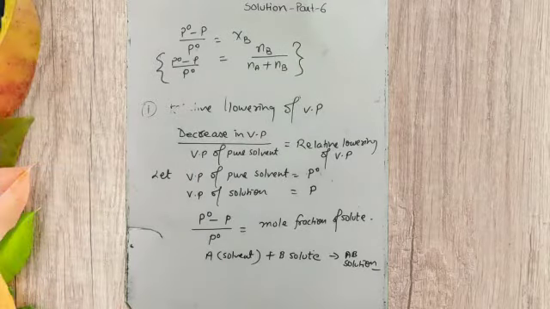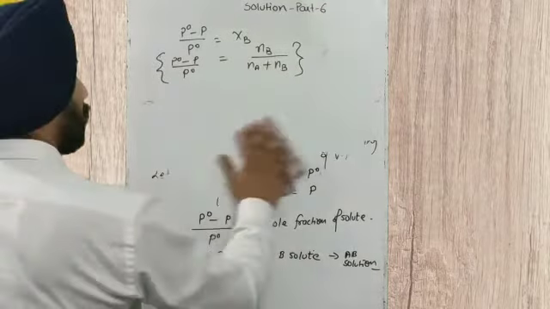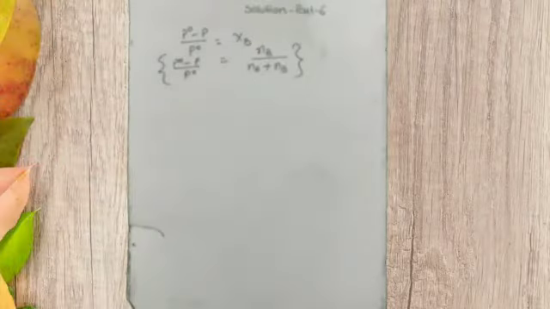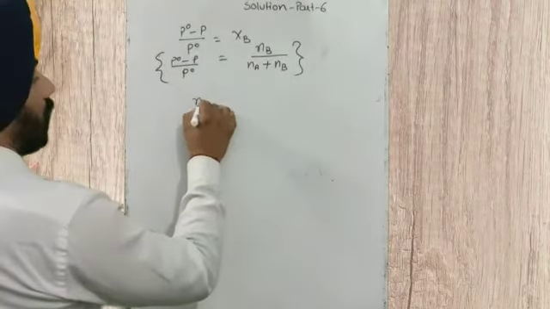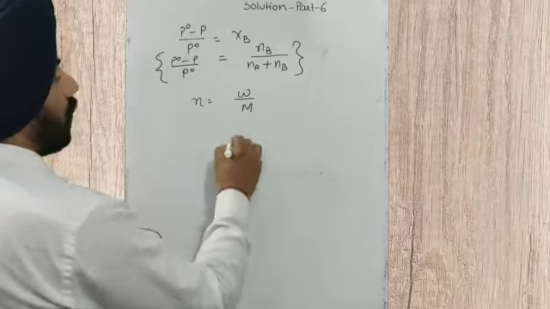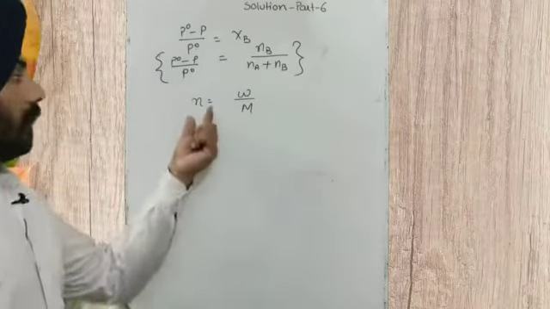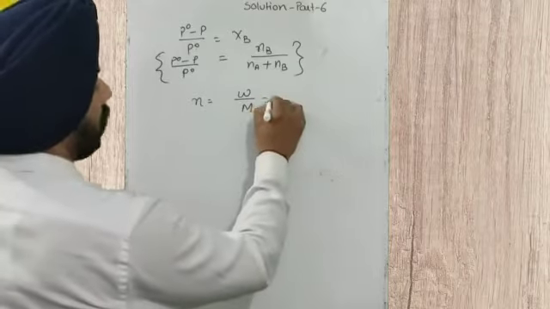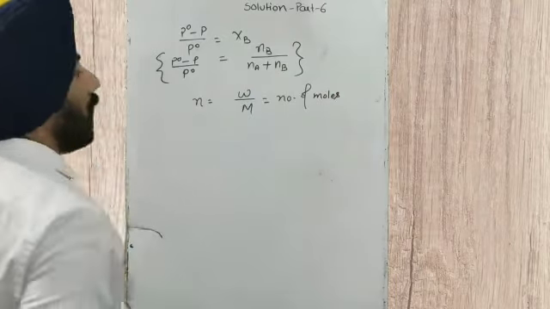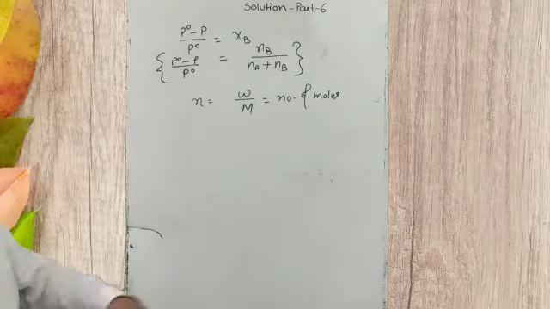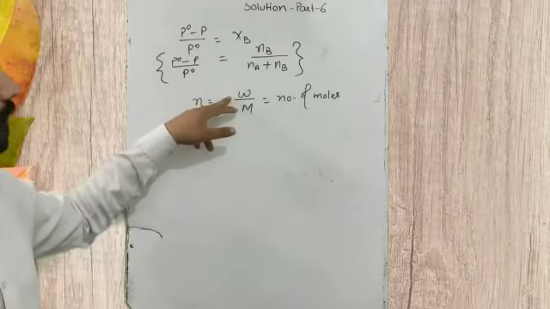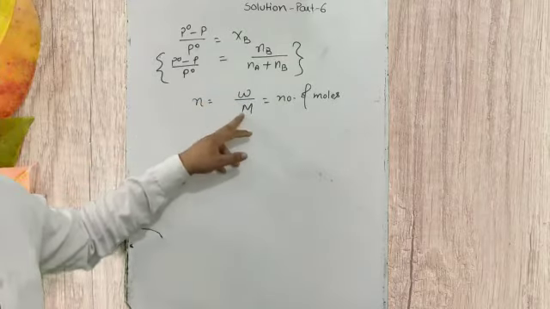Okay, if we are writing this formula in terms of weight and molecular weight, what is the formula for number of moles? Number of moles is equal to weight of substance upon molecular weight. So any one component's number of moles will be equal to the weight of substance that is taken in the solution and its molecular weight.